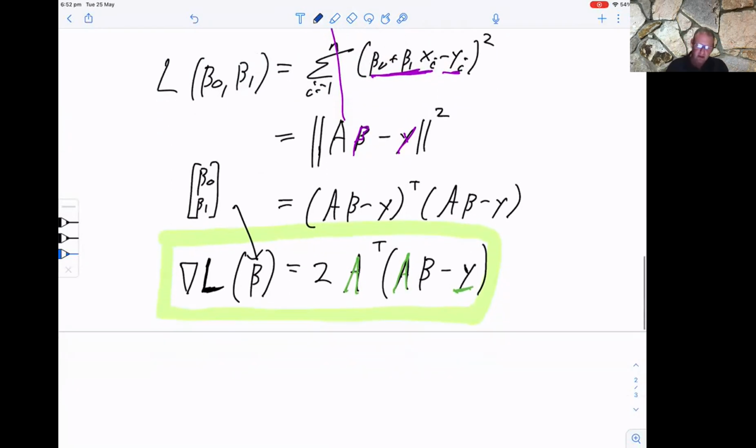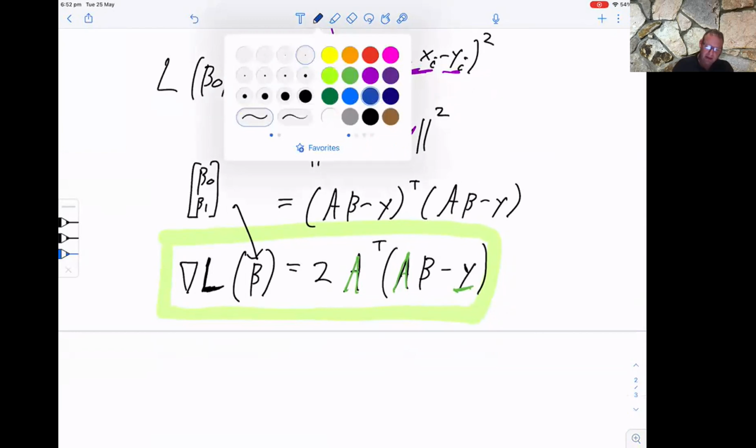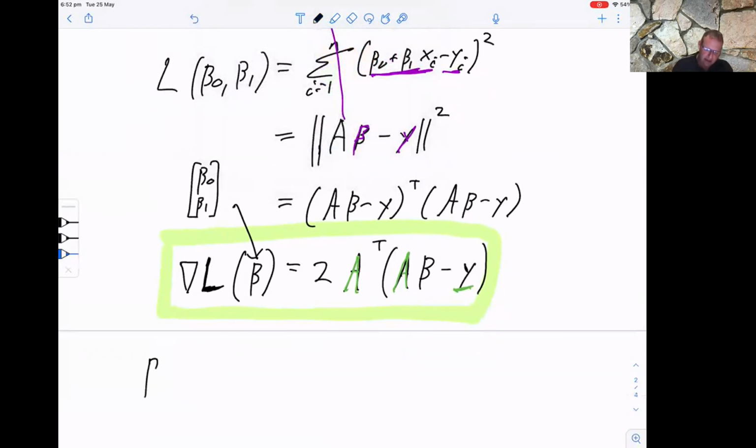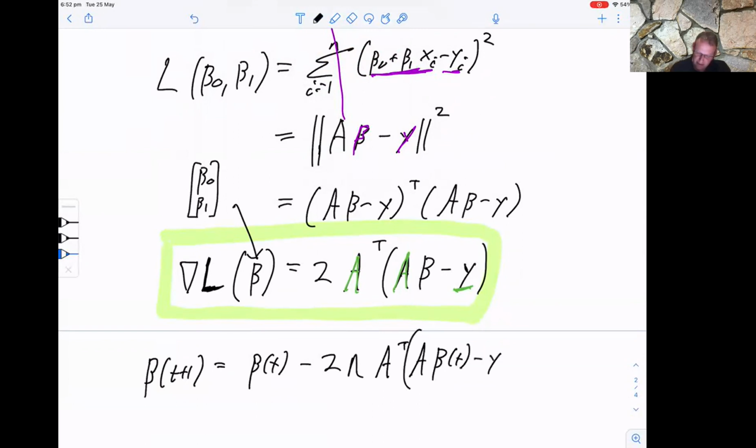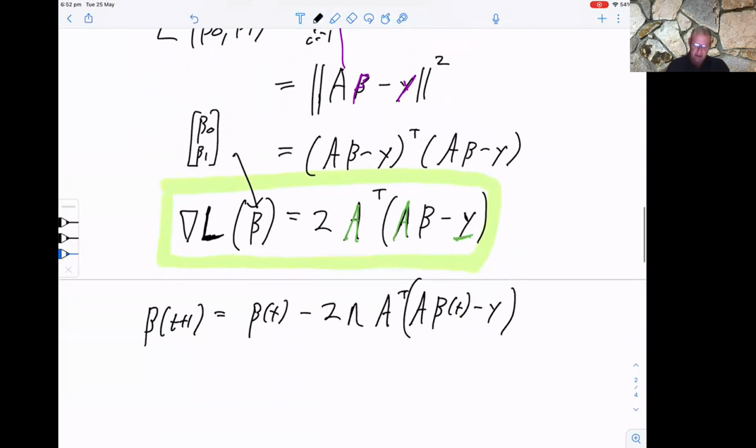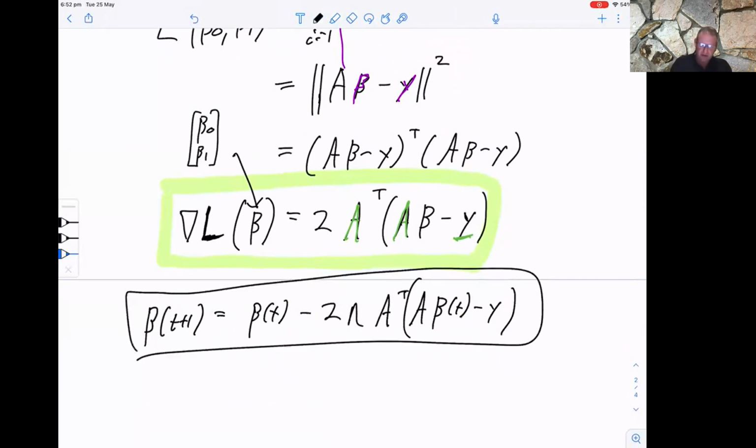So if we now plug this into gradient descent, then you can say that beta t plus 1, I'm now treating beta as a vector, is beta t minus 2 eta, I've just put the eta before the 2, that's not a big deal, times A transposed times A beta t minus y. And this is how you would do a gradient descent recursion.